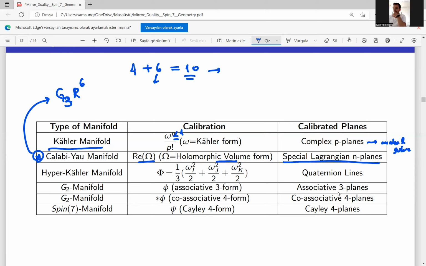And we checked the 3-dimensional subplanes of this 6-dimensional object, and this space is the special Lagrangian planes space.